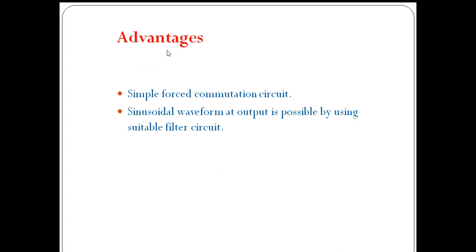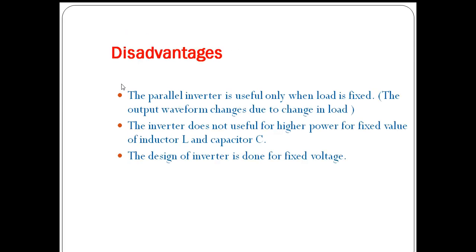Coming to the advantages of this parallel inverter: it has a simple forced commutation circuit. A sinusoidal waveform at the output is possible by using a suitable filter circuit. Here we are getting a square wave, so we send this output waveform to a filter circuit, and then we get a pure sinusoidal waveform.